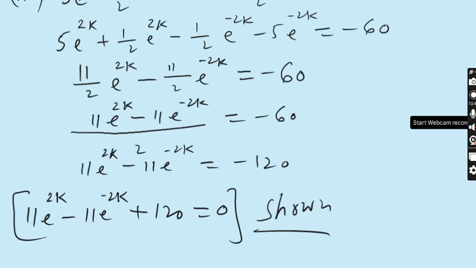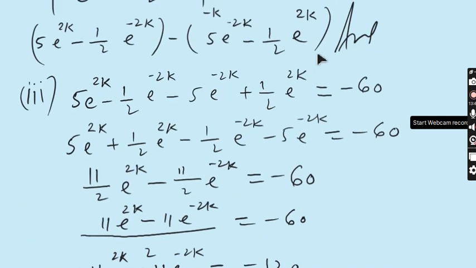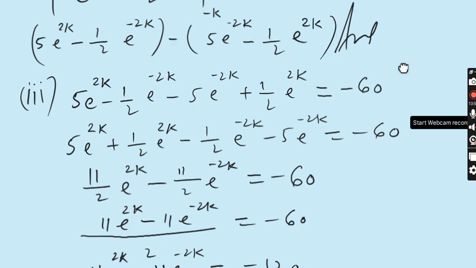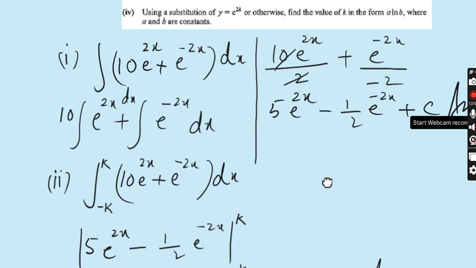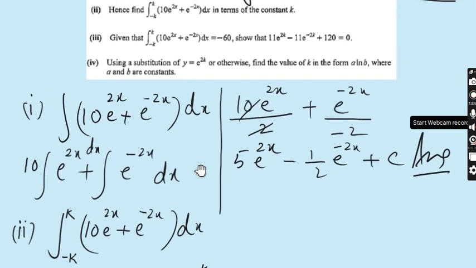This is our requirement. You can check part 3 again. Given that the integral from minus k to k of 10e^(2x) plus e^(-2x) dx is equal to minus 60, show that 11e^(2k) minus 11e^(-2k) plus 120 is equal to 0.